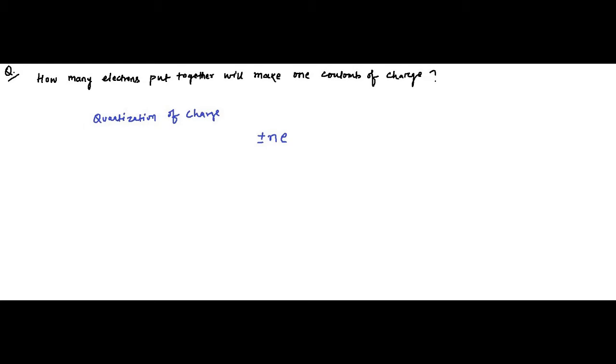So here e is the electronic charge, which is 1.6 into 10 to the power minus 19 coulomb, that is the charge on a single electron. So here it says that the total charge Q is equal to 1 coulomb.